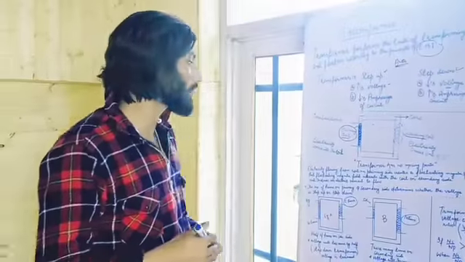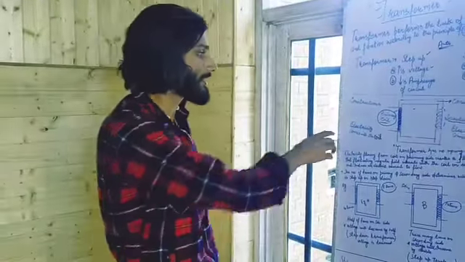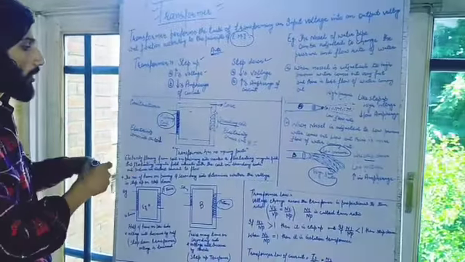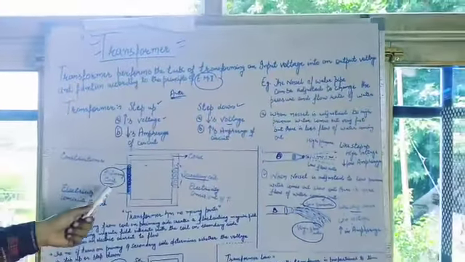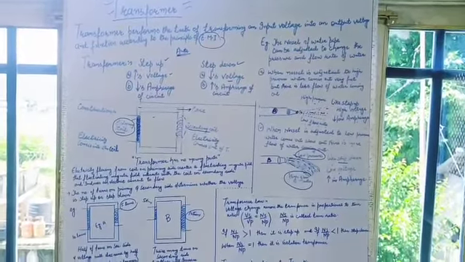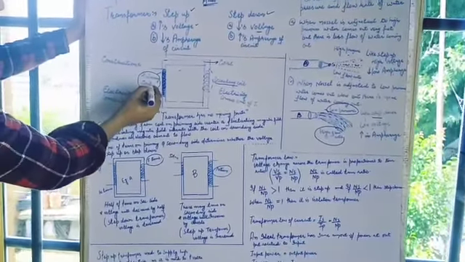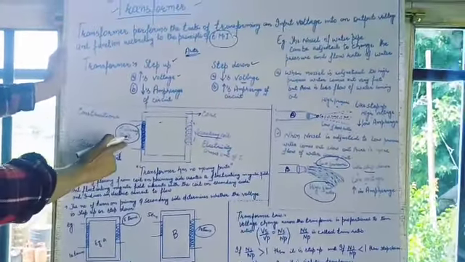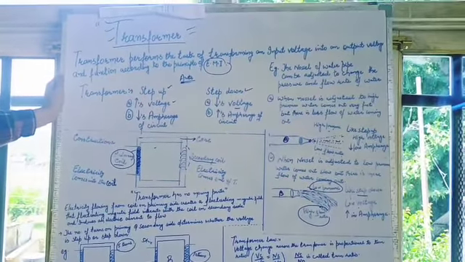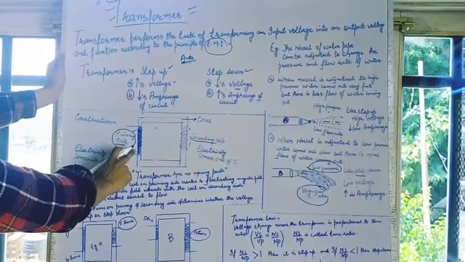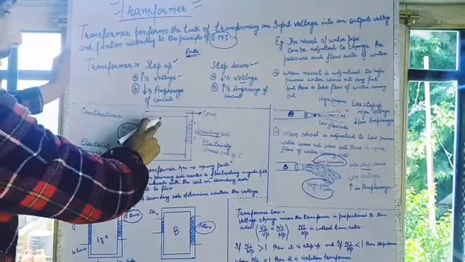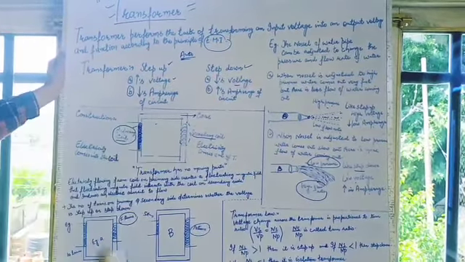So what is the basic mechanism? How does current flow through the transformer? The electricity flowing through the coil on the primary side creates a fluctuating magnetic field.